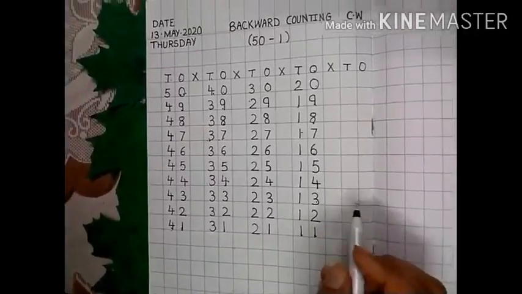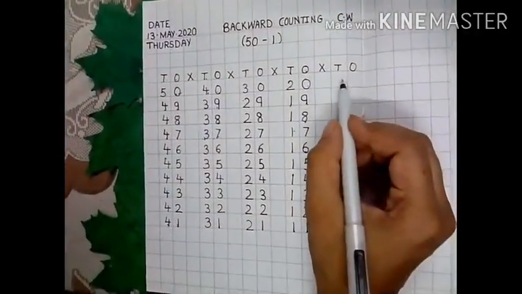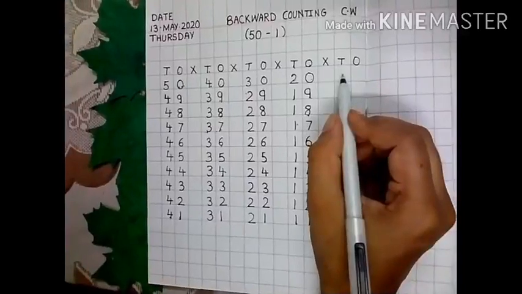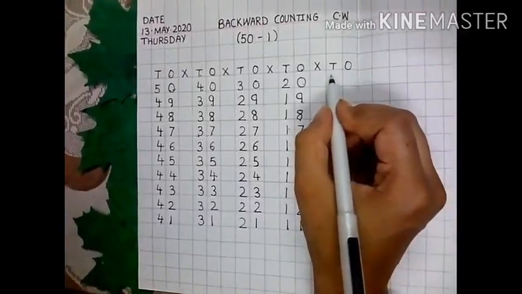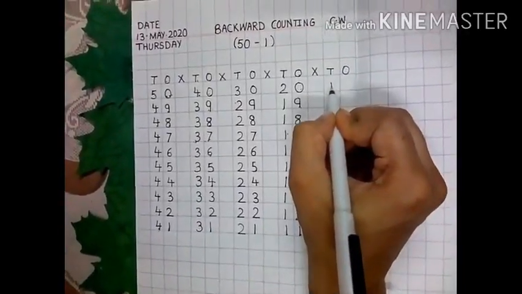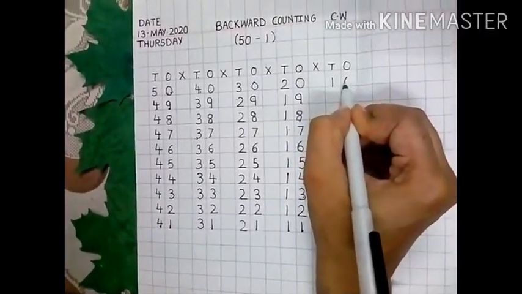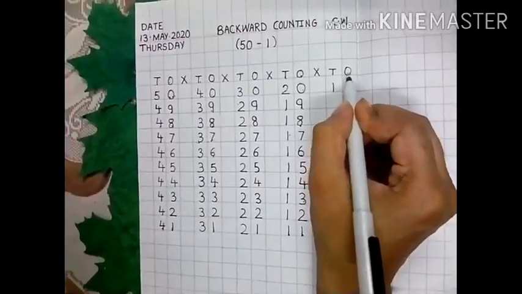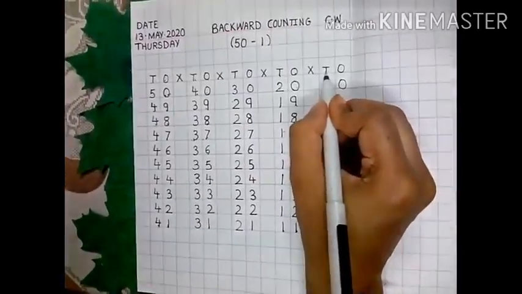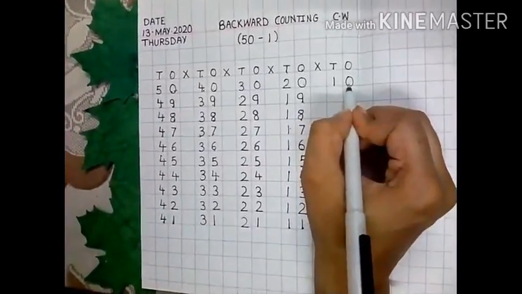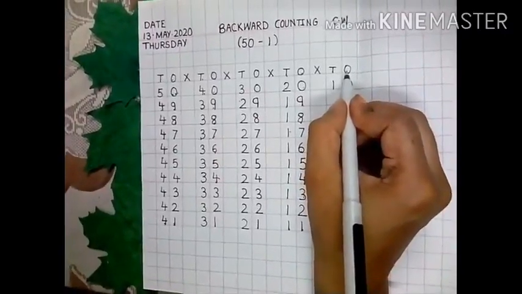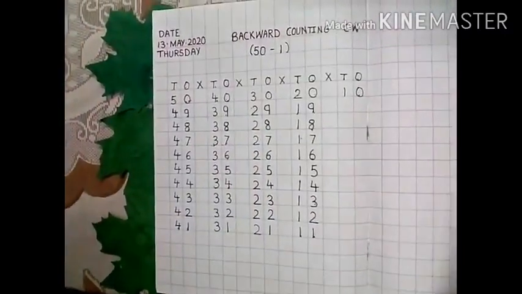Okay. Now come to the next line. 1 comes in the place of tens and 0 comes in the place of ones.